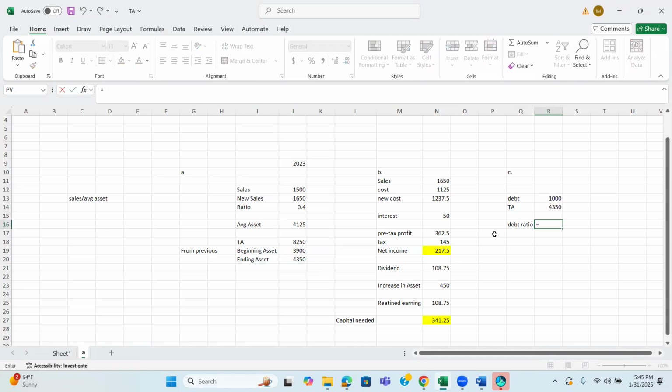Thus our debt ratio should be, oh sorry, let me do it again. So it should be 1000 over 4350, right? So here you have 22.98% as your debt ratio for that part.